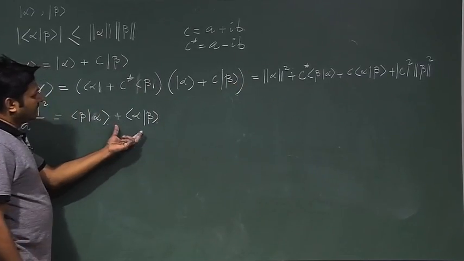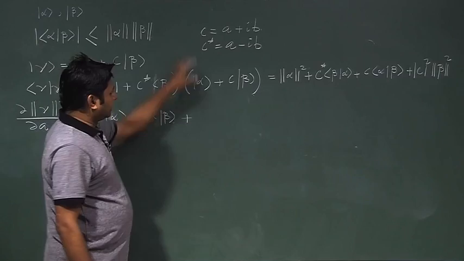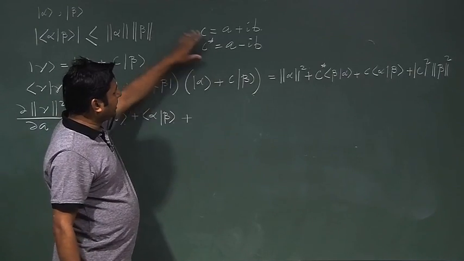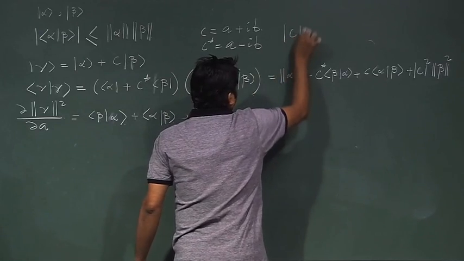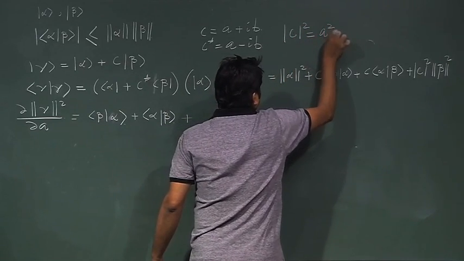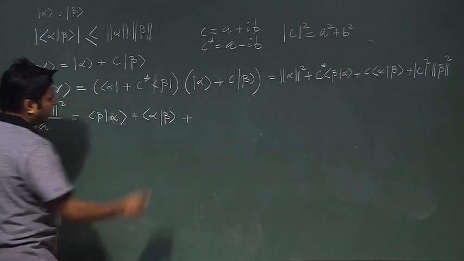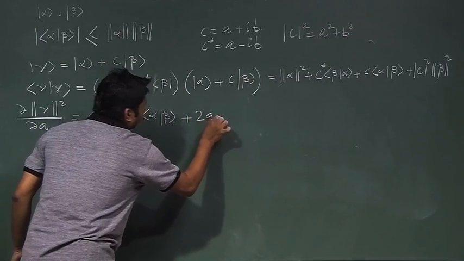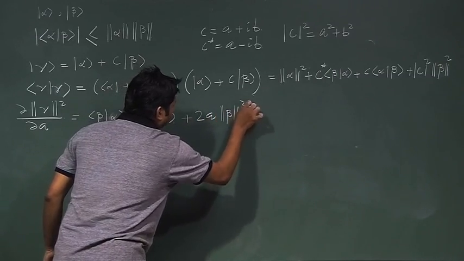Then I will get plus mod of c square, which means this multiplied by this, essentially a square plus b square. So, when I make a derivative with respect to a, I will have 2a of beta square.